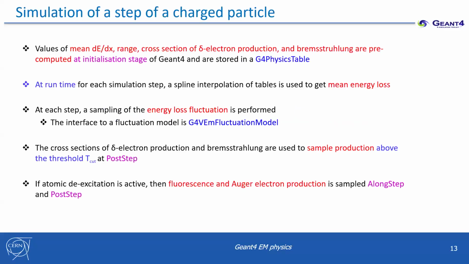About charged particles, for simulation of charged particle transport, we use the condensed history approach. It means that on a step, we compute the energy loss. And for this computation, we also need to know the range, the delta electron production probability, and the Bremsstrahlung probability.